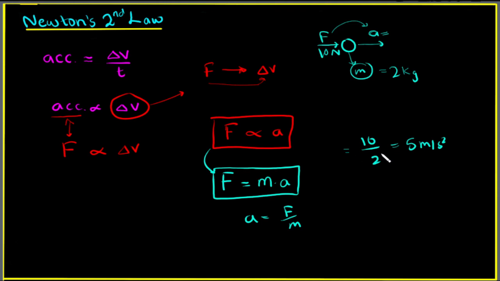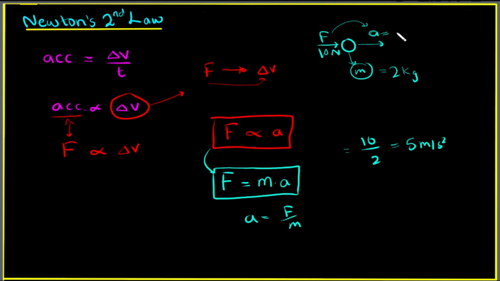So it was pretty simple for us to now calculate the acceleration that was caused, or the change in velocity with respect to unit time. In this case, it was pretty simple to calculate if we are given the mass and the net external force. Similarly, if you are given the mass and you are able to calculate the change in the velocity of that thing with respect to unit time, that is basically the acceleration.